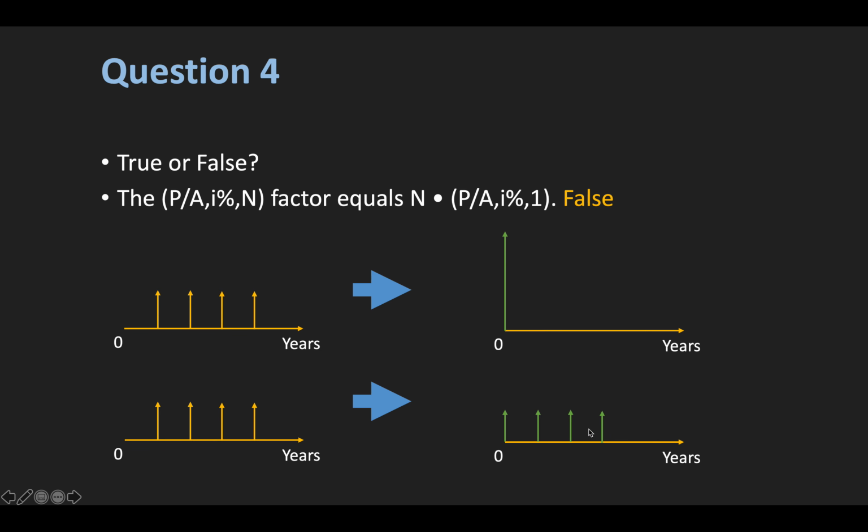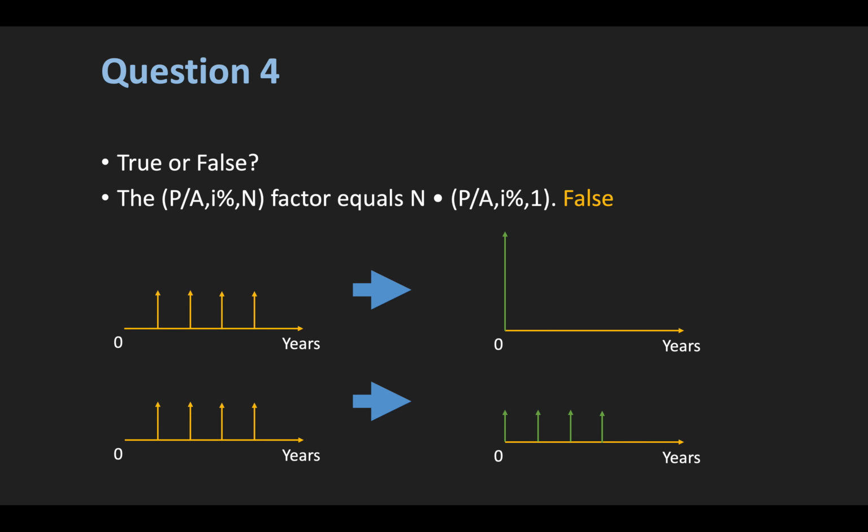All these values are the same because this is all based on just this value. For 1 year's annuity, I bring it back 1 year, and then I do n times. I add them all together because I multiply by n. I can add them all here, and I assume they are the same.